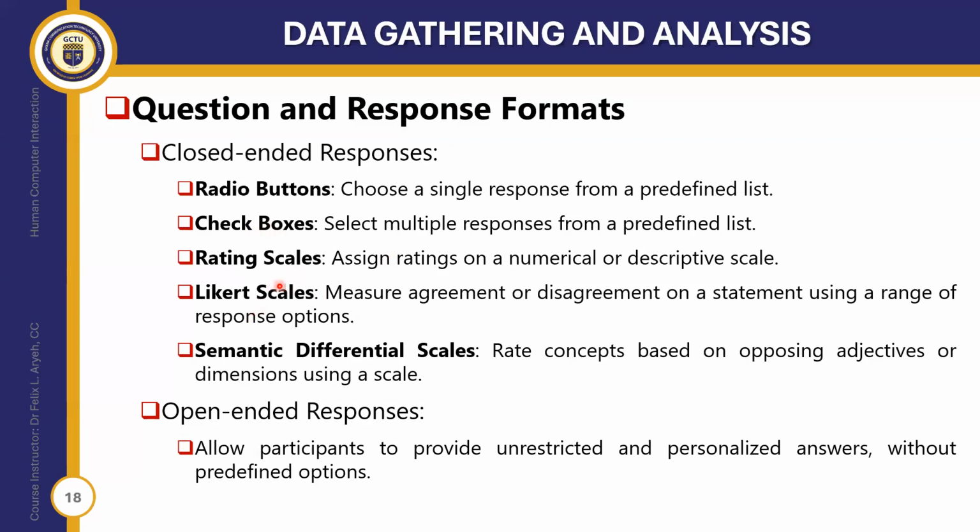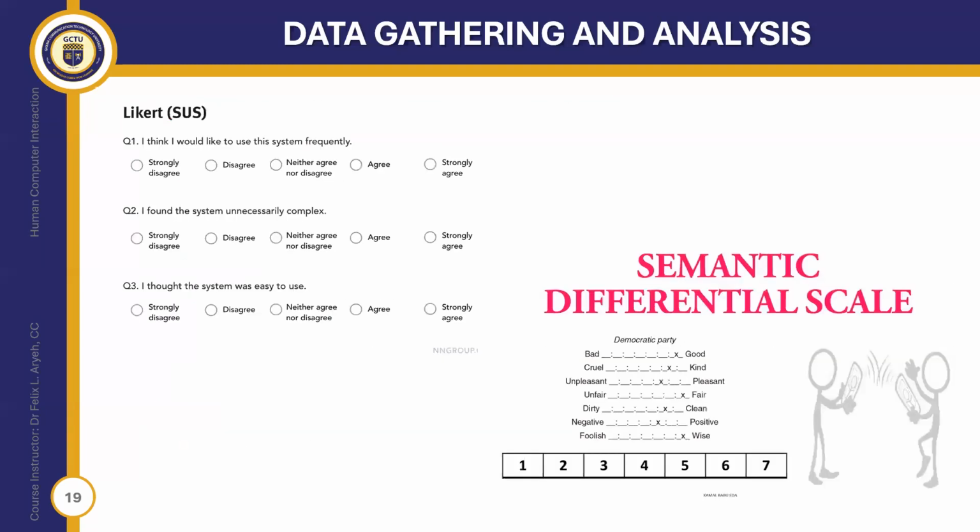We have what we call the rating scale. And in this case, of course, it also falls under closed-ended responses. So in this case, you assign a rating on a numerical or descriptive scale. I'll show you an example of the Likert scale and also the semantic differential scale. This is how they look on the screen.